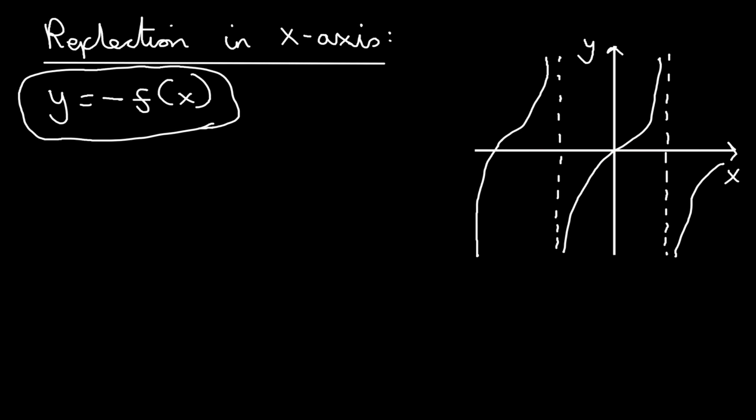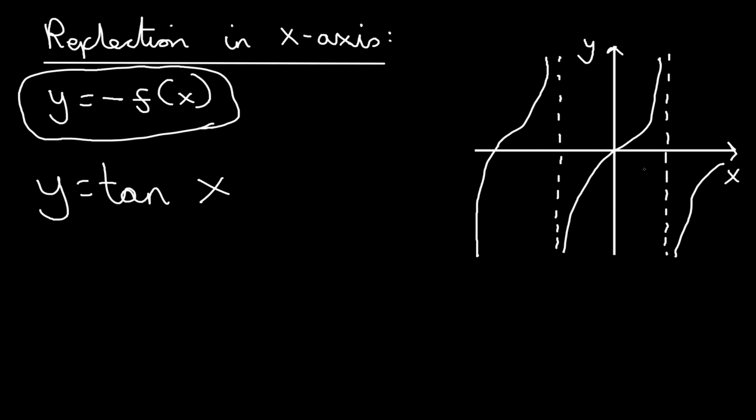But instead of leaving it there, I want to make things a little bit trickier to help you think about what's actually happening with the reflections. So here we have the function y equals tan x. So if we're reflecting in the x-axis, everything on the top side of the line gets flipped to the bottom side.